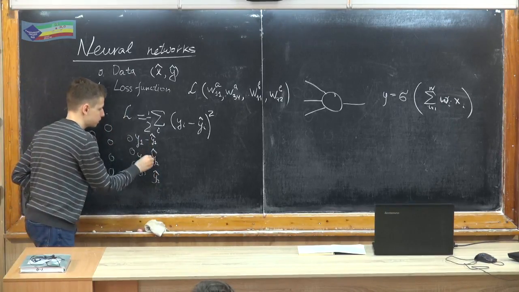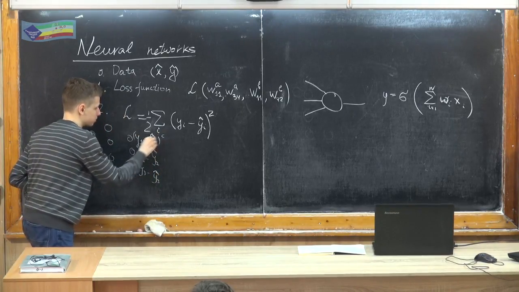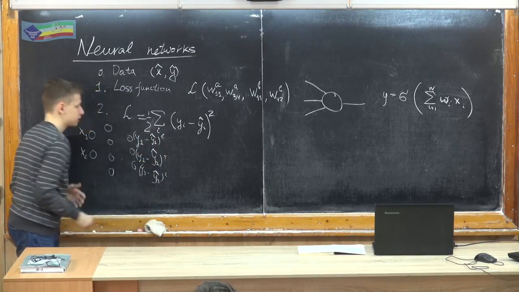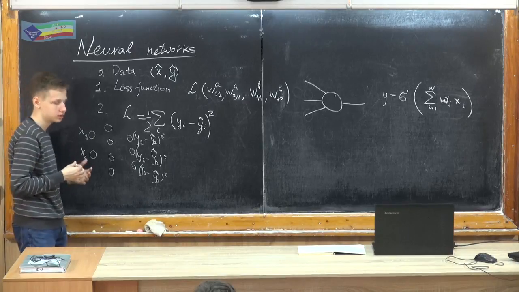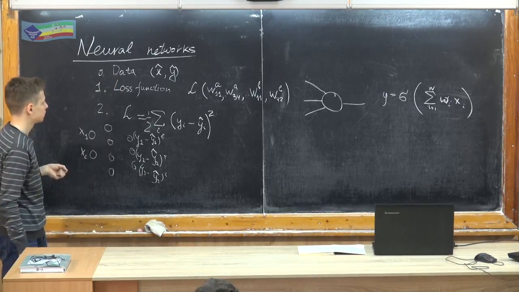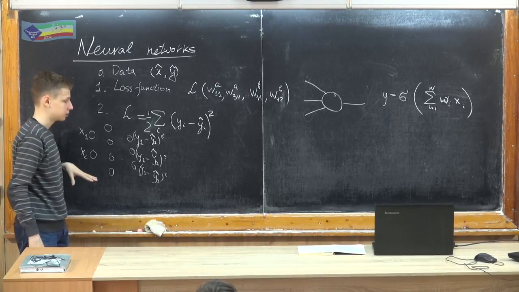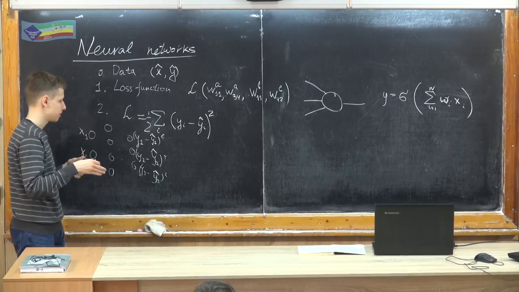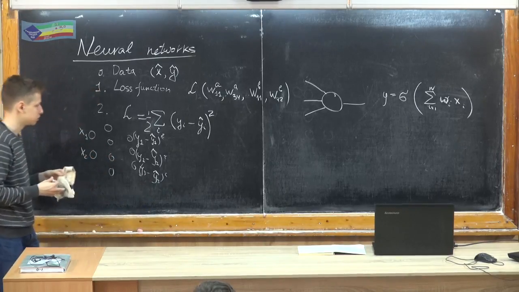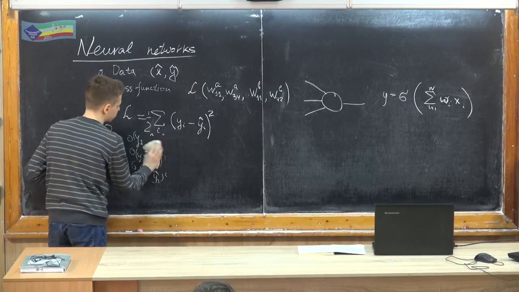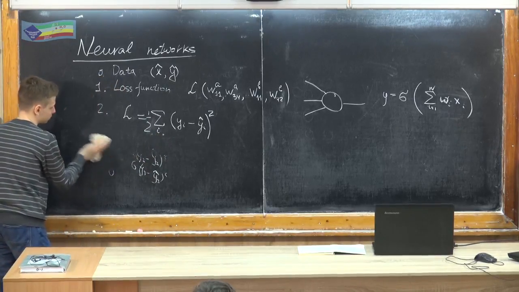Then we take the difference, square them and sum. That basically shows how well the neural network fits this data point. And the same can be done for a lot of data points, which we are going to just repetitively do for different data points. So that's how we defined the loss function.